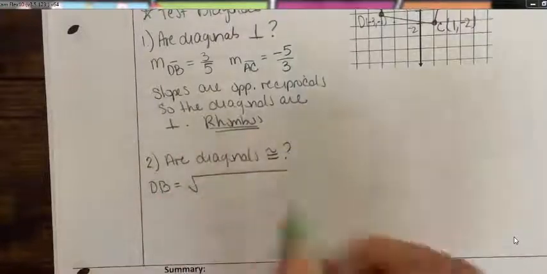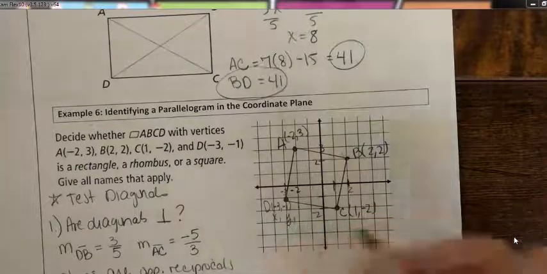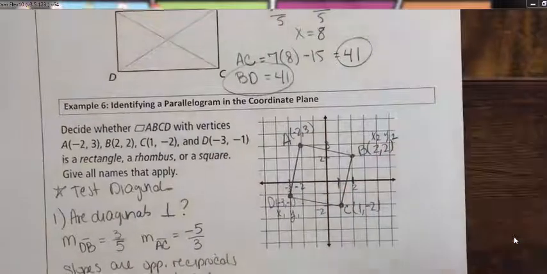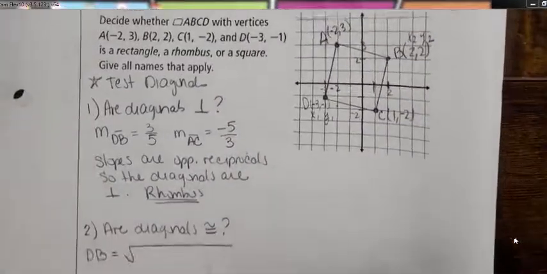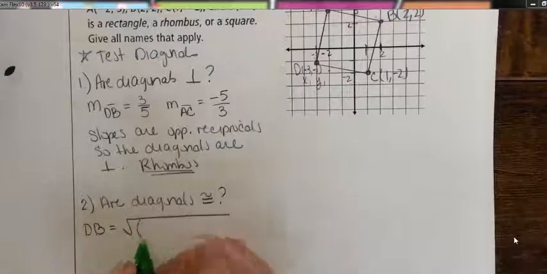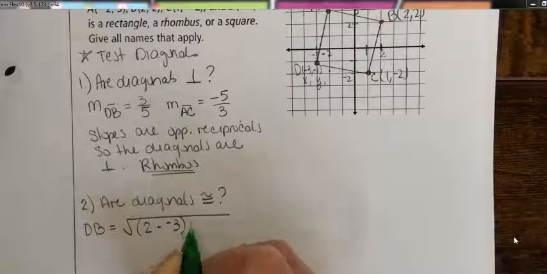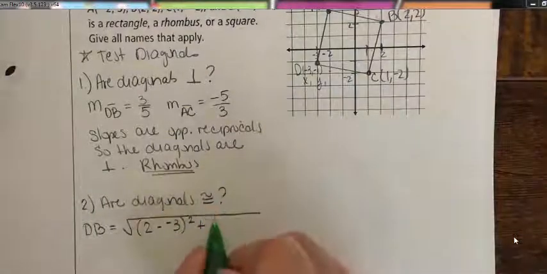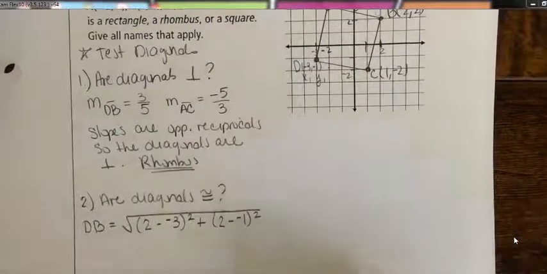I'm going to do the distance formula. Doesn't matter which one you choose, but I'll make the first one x1, y1. So D is my x1, y1. B is my x2, y2. Okay, so I'm going to do the change in the x's squared plus the change in the y's squared. So x2 is 2 minus x1, negative 3. Square that, plus y2 is 2 minus y1, which is negative 1, and square that.